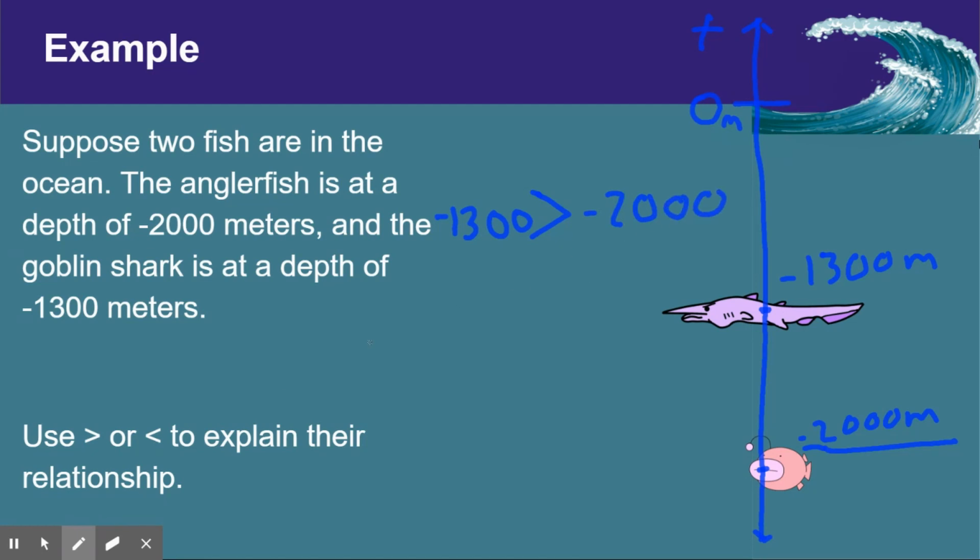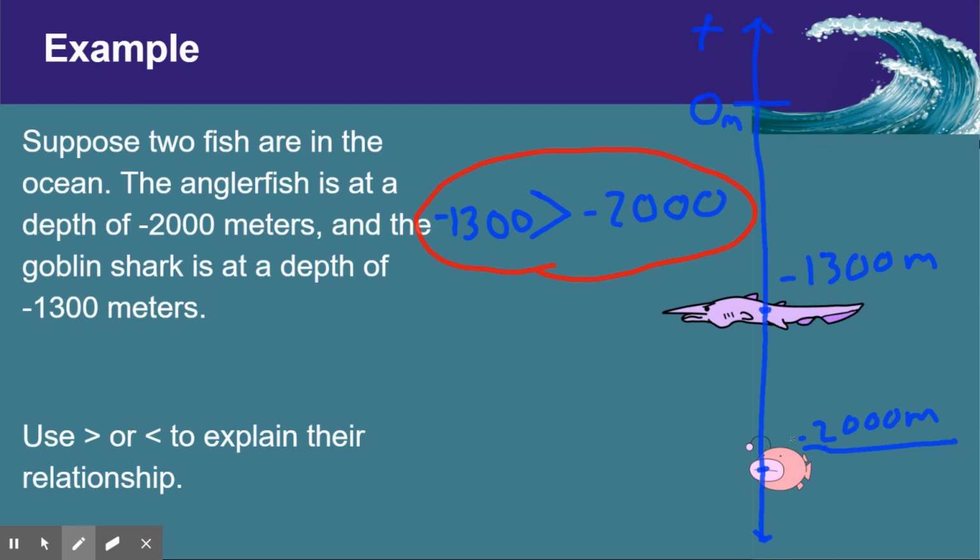So we can use this relationship, negative 1,300 is greater than negative 2,000, to explain the relationship of the anglerfish and the goblin shark. We could go even further by writing a sentence.